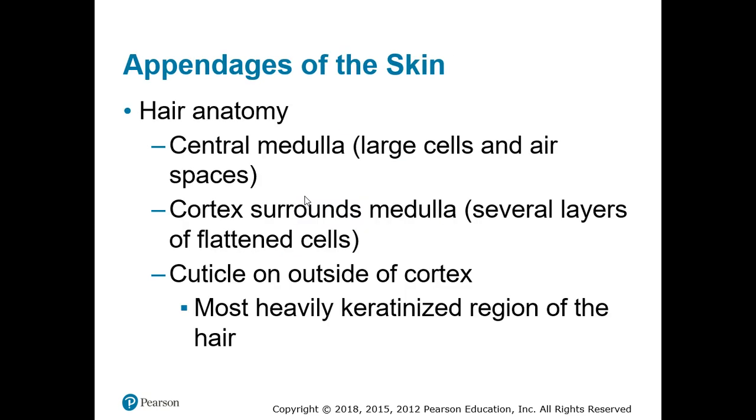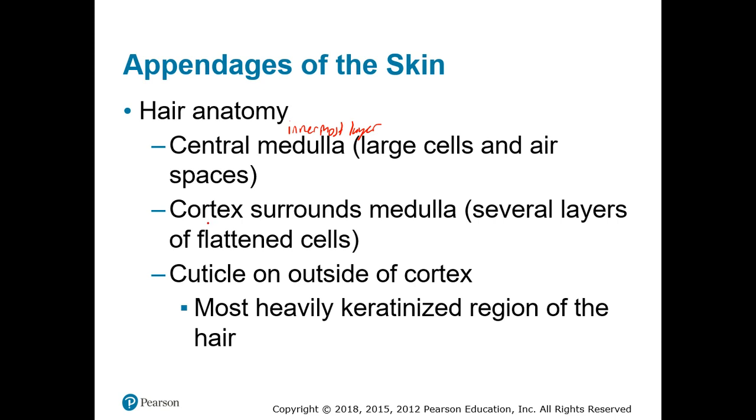Within talking about the actual hair strand, there are different layers. Even though hair looks so tiny, if you put it underneath a photomicrograph, you can see different layers. The first layer is your medulla. These are going to be large cells, and there's a lot of air spaces. This is going to be your innermost layer. This is surrounded by something called the cortex.